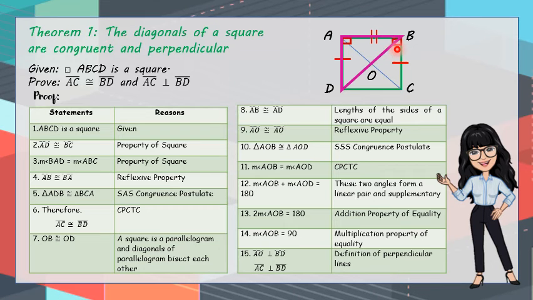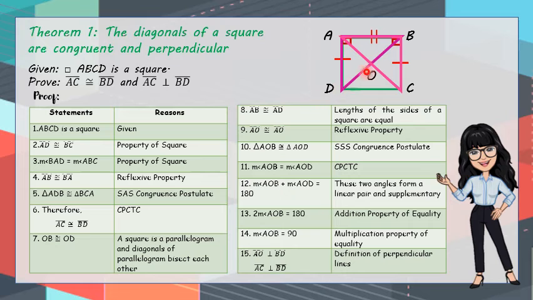So this triangle here, which is named as ADB, is congruent to this triangle, which is the triangle BCA. So this one is BCA. So these two triangles are congruent by SAS.